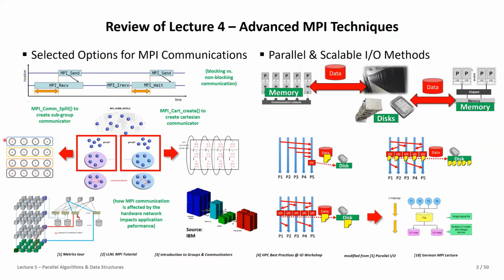Let it here be a row-wise one, where we have this color encoding, assigning rows as just one example, where each of those processes involved gets another rank. And this is important. You still maintain the rank in the overall MPI_COMM_WORLD communicator, while in the newly created one you assume a new rank. That means one MPI process has different ranks in different communicators. And of course, you can create another group with a completely different setup.